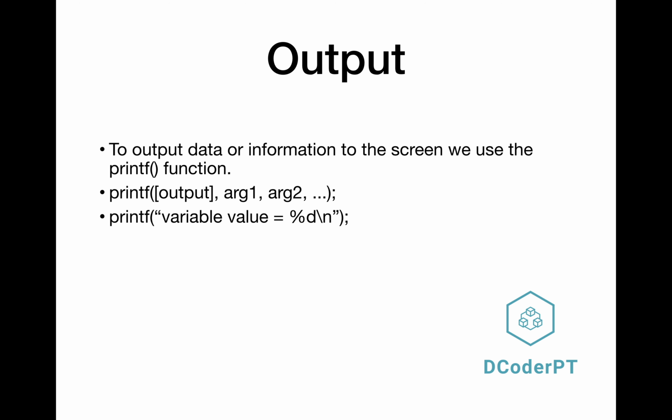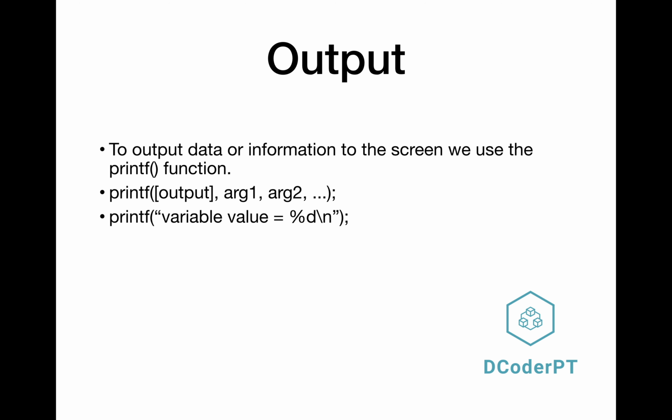This message can have format specifiers or not, it's not mandatory. We can use only letters, or if we want to print the values of variables on the screen, we will use the corresponding format specifier, and this format specifier will be replaced by the variable's value.